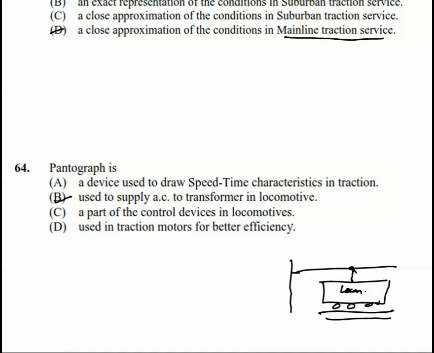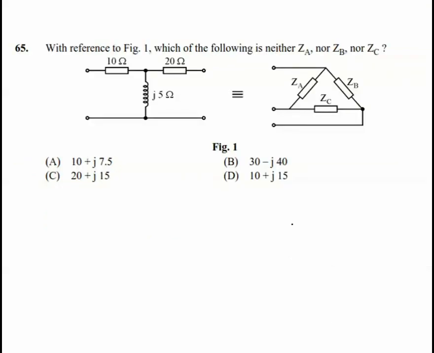And the next one. In the given problem, we need to find the values ZA, ZB and ZC. That means we have a star network which is converted into a delta network.